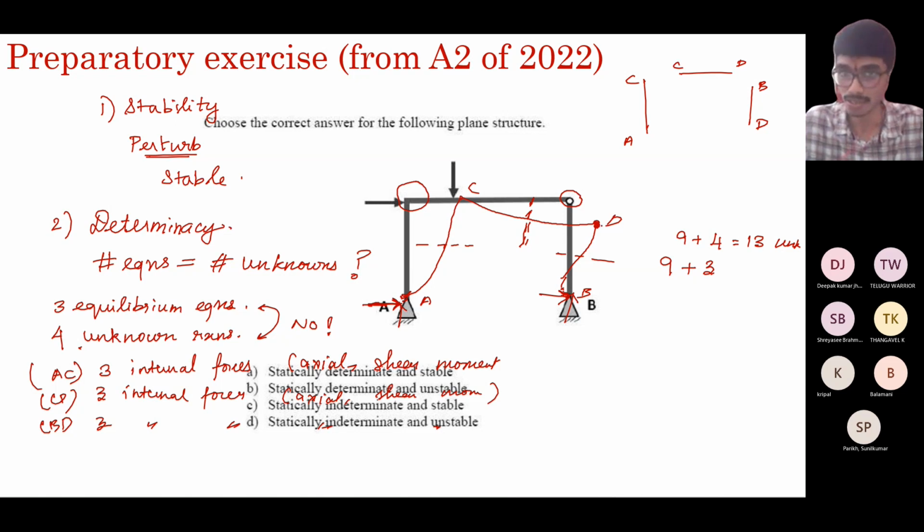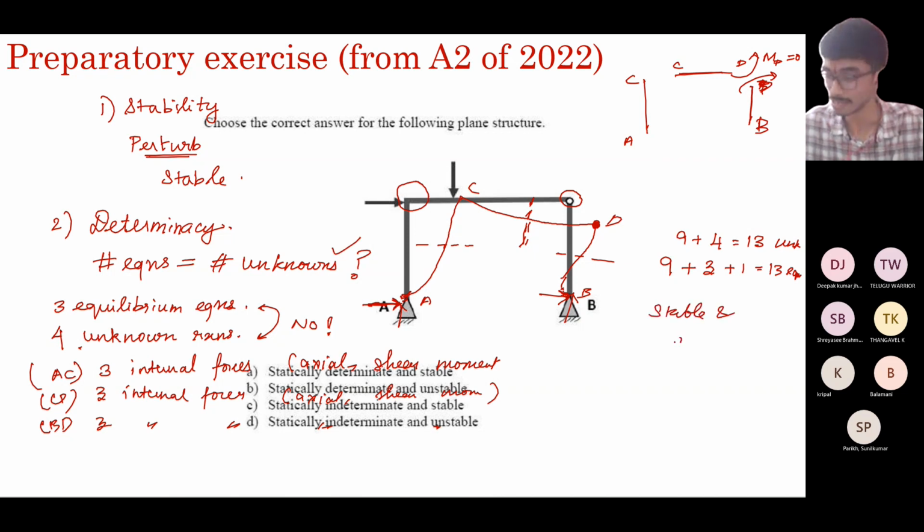So what you know is the moment acting at D and B is 0. So MD is equal to 0 in both of these. So you have one additional equation coming from the hinge condition. So again, this has 13 equations. Since this is satisfied, this is stable and determinate.